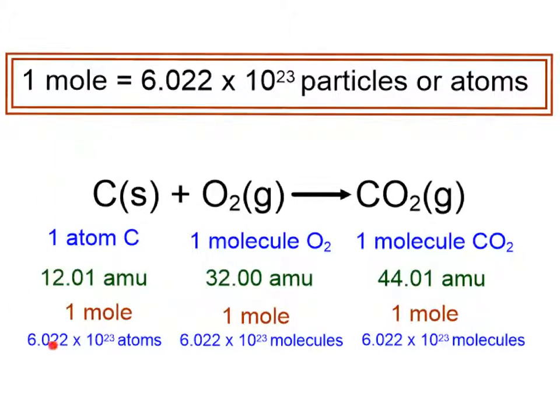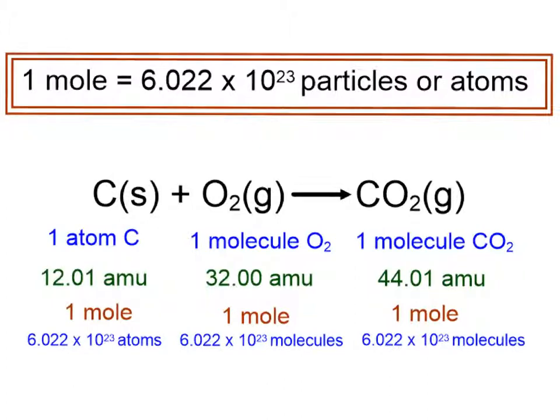So now I'm going to take all this information we were just looking at about 1 atom of this plus 1 molecule of this makes 1 molecule of this, right? And I'm going to add a new idea to this chemical equation. I can also say 1 mole of carbon plus 1 mole of oxygen is going to give me 1 mole of carbon dioxide.